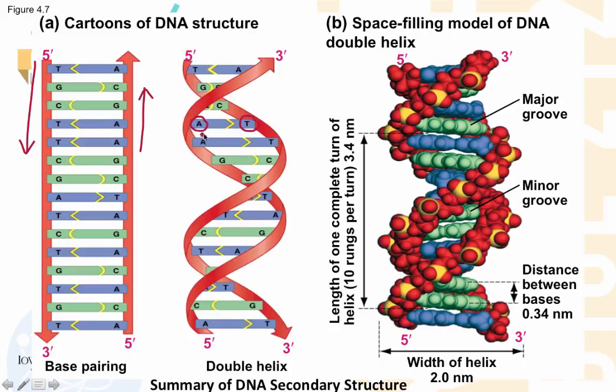A always base pairs with T, and G always base pairs with C. A and T interact via two hydrogen bonds, whereas G and C interact via three hydrogen bonds. These bonds help keep the double helix stable. Another thing to note is that the double helix also has two unequally sized grooves called the major groove and the minor groove.